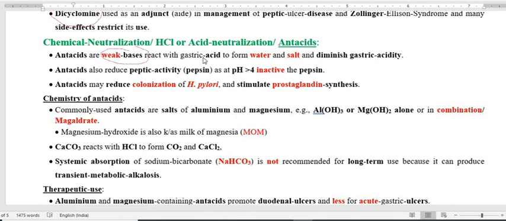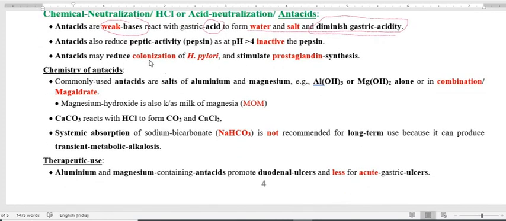They react with the hydrochloric acid and form water and salt and diminish the gastric acidity. So this is the mechanism of action of the chemical neutralizer, and because of that they raise the pH, and because they raise the pH, they inactivate the action of pepsin, because pepsin requires acidic or low pH to work.